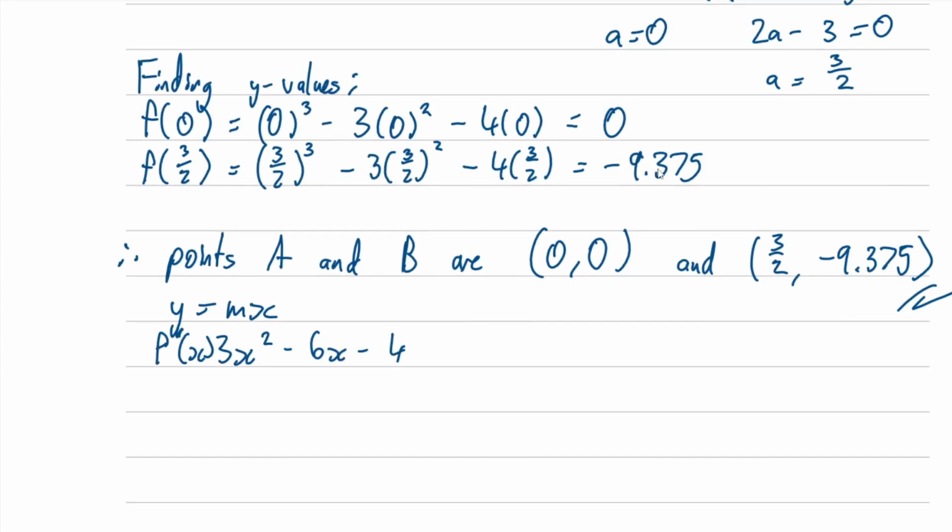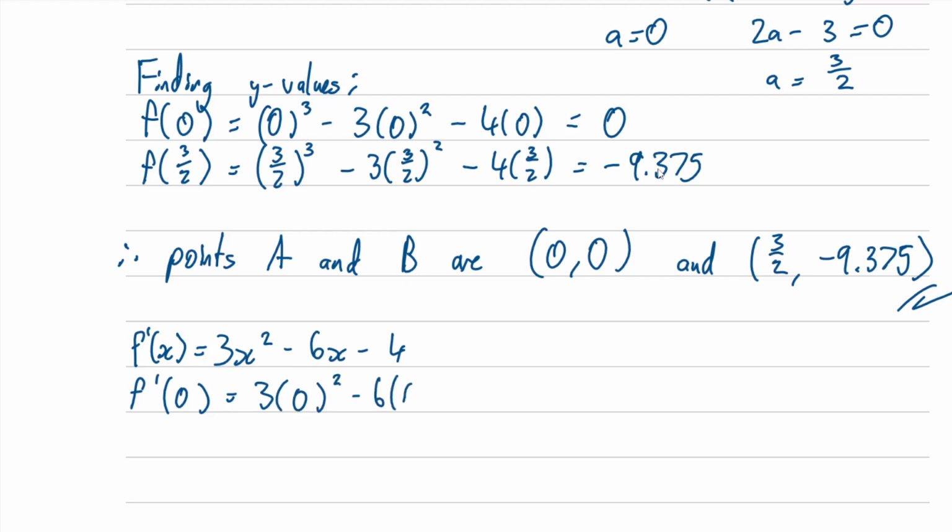So f prime of x equals that, and when x is 0, the gradient is -4, which gives us the tangent line of y equals -4x. No y-intercept because we know it passes through the origin.